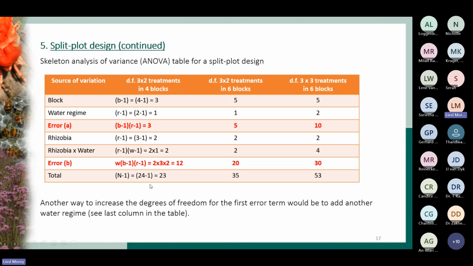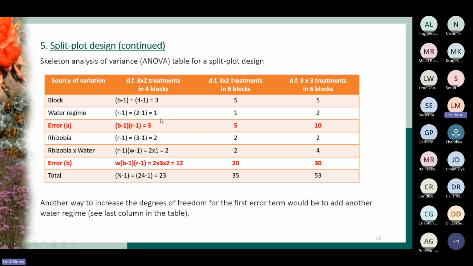I've highlighted it in red. You can see usually with a split plot, the degrees of freedom for the first error term for the main plot is usually quite small. It doesn't have such a big effect on the subplot factor and the main and subplot factor interaction.